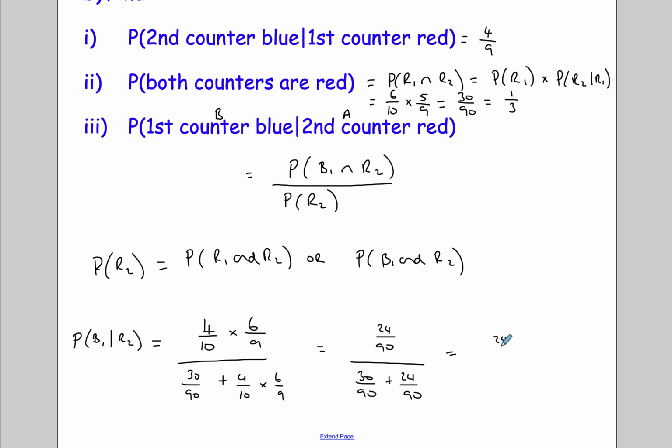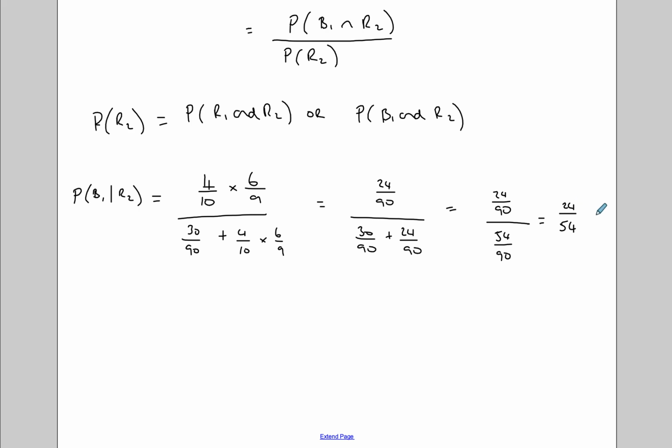That's 24/90 over 54/90, which is 24/54. And you can leave your answer like that, or you can cancel it down. Both of those numbers are divisible by 6, so we can simplify that to 4/9. Okay, so the probability that the first one was blue, given that the second one was red, is 4/9.